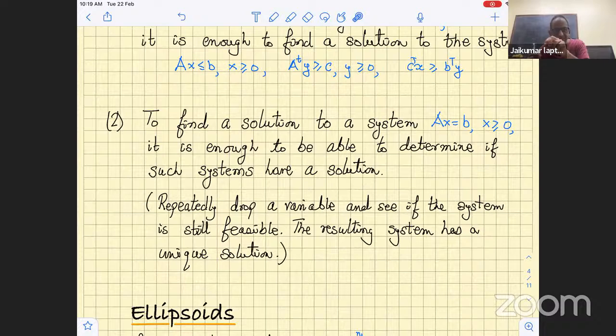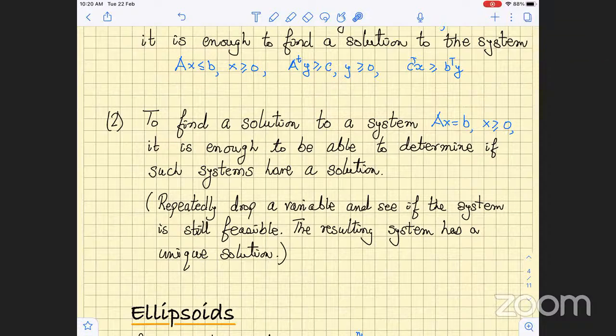Since none of these variables can be dropped, it means that the system has a unique solution. And if there is a unique solution to a system of equalities, just by Gaussian elimination, we can solve it. So I'm just letting it be vague like this. If somebody is able to just tell you whether the system is feasible or not, you will be able to use that oracle, that subroutine, repeatedly to arrive at the solution.